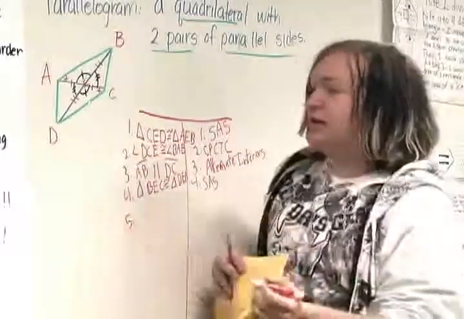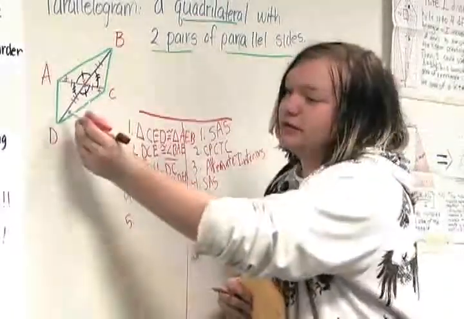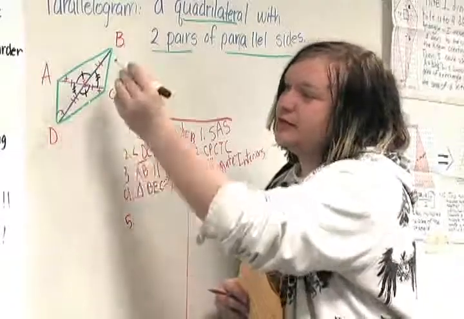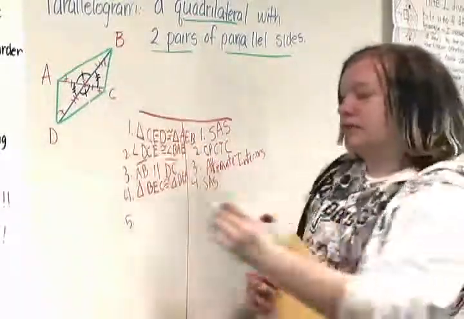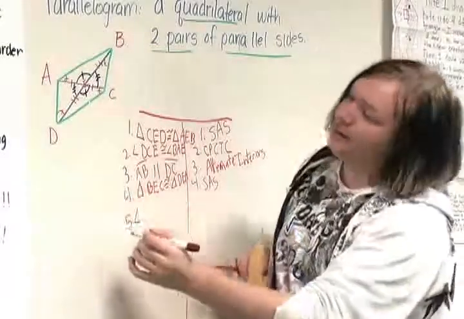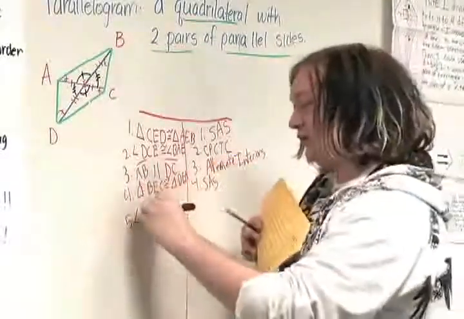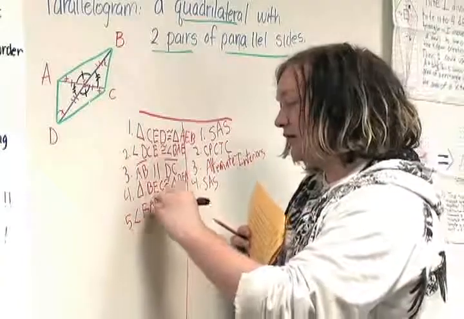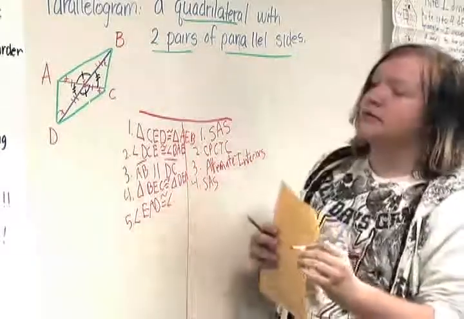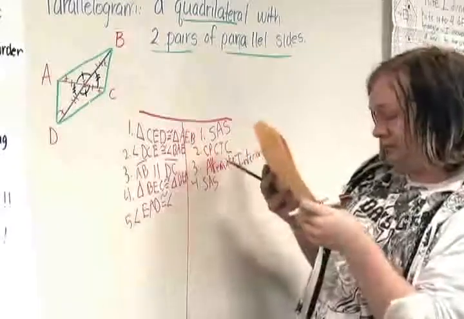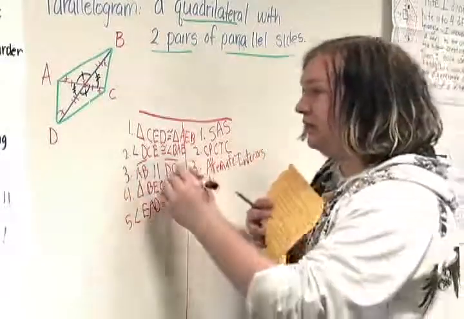And then, because they're congruent, their corresponding parts are congruent through CPCTC again. So then you have angle EAD congruent to angle ECB.